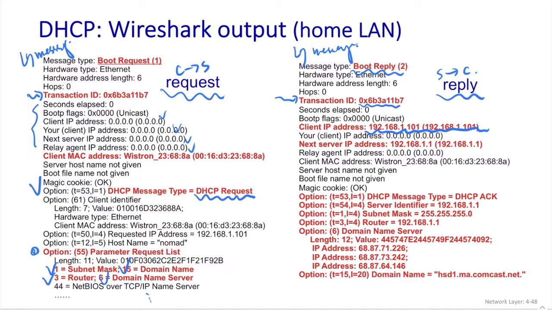So that is the IP address given by the server. The next server IP address right here is the first router. That means if you would like to communicate with the router, you can use 192.168.1.1. So here we have a lot of answers. For example, the server uses this IP address, and the subnet mask is /24.